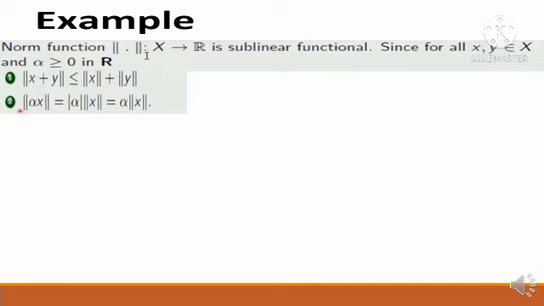And the length of alpha x is equal to the absolute value of alpha into the norm of x. But it is not linear because of the property N4 of the norm.